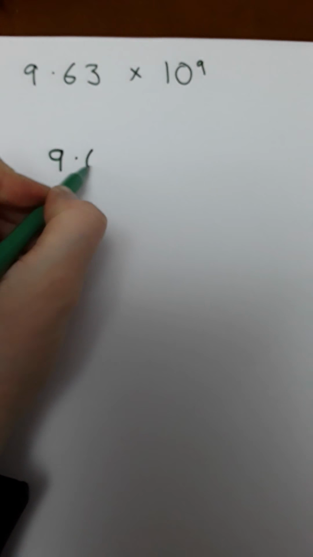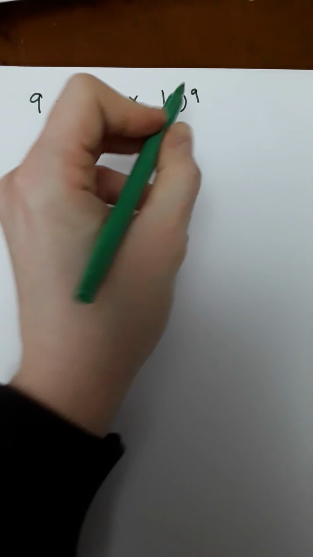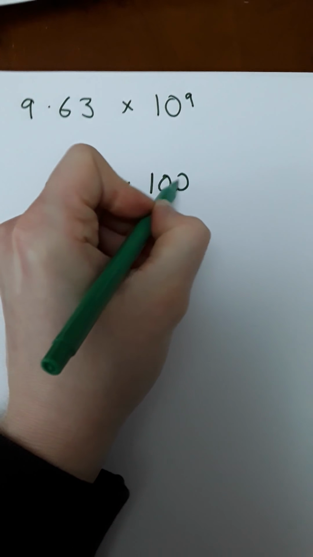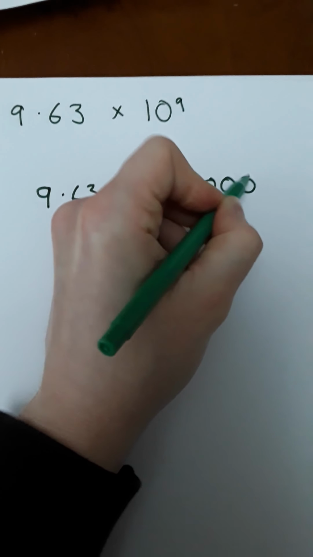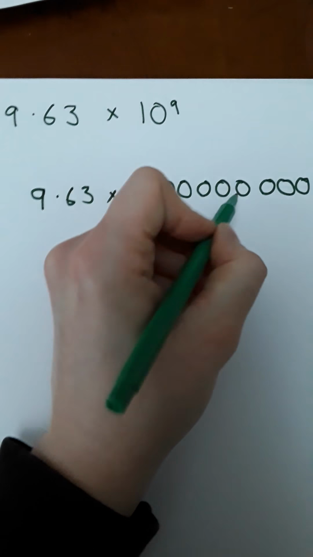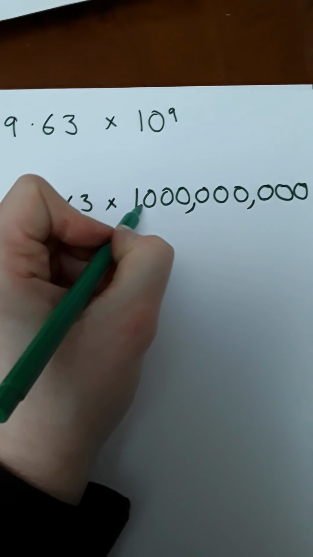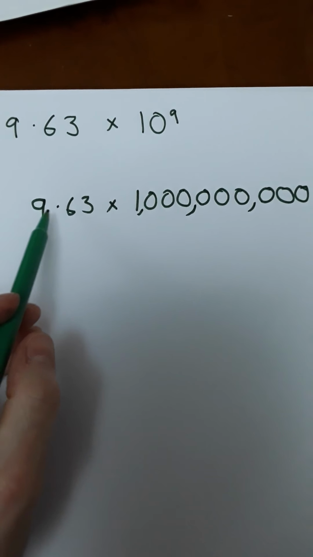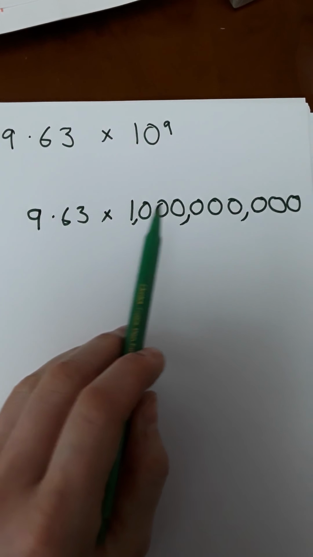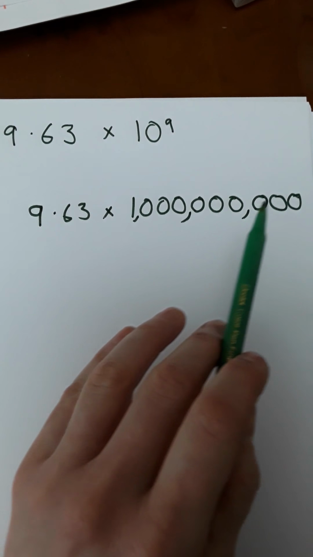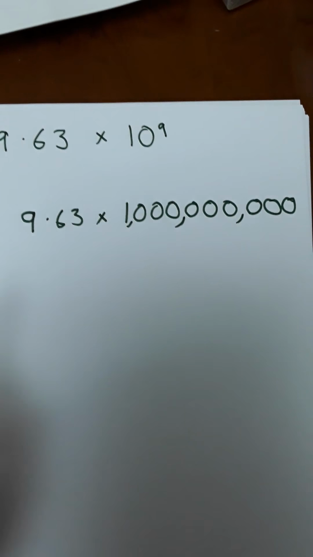So let's have a look at this one. We've got 9.63 times 10 to the 9. So we've got 1, 2, 3, 4, 5, 6, 7, 8, 9. So this means that this number is going to be pushed forwards by 9 places.